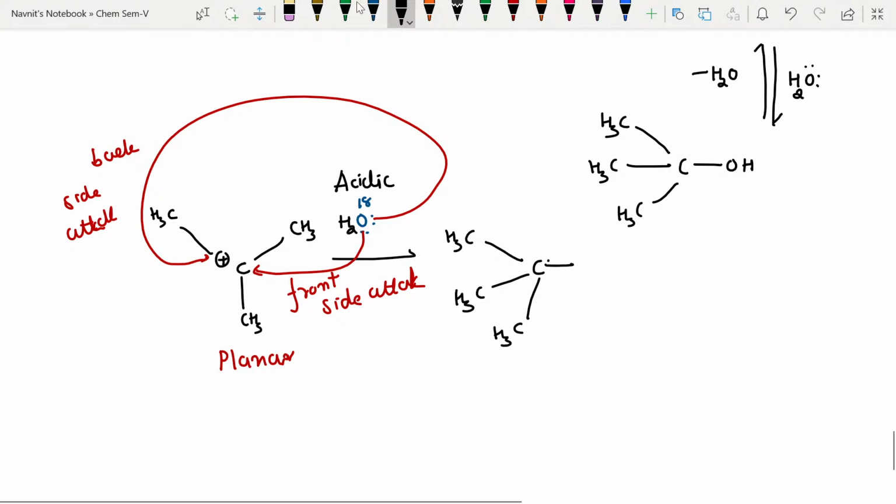And here we get labeled oxygen. This is the one product. When it attacks from the front side, and when it attacks from the back side, you also get the second product.